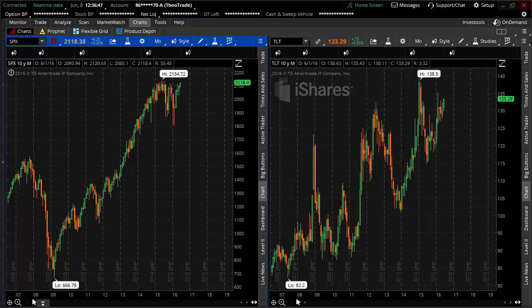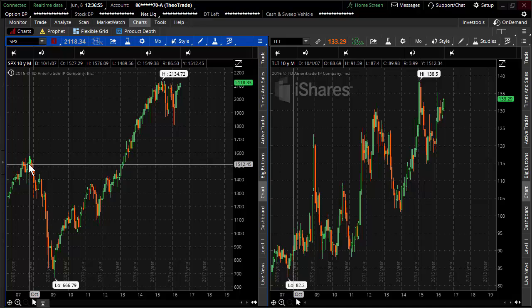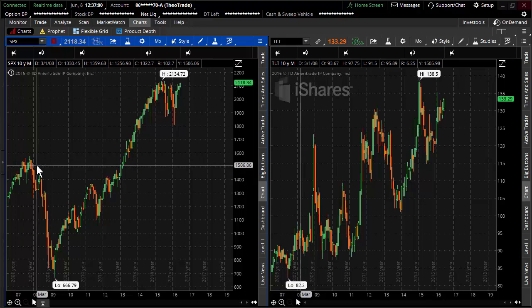Now, the age-old relationship that traders have a tendency to look for is, for example, if we go back over in the time horizon to 2007, 2008, and I'll freeze the screen and even draw it for you, here's the market ultimately descending into the abyss, and at the exact same time, the bonds are rallying substantially.